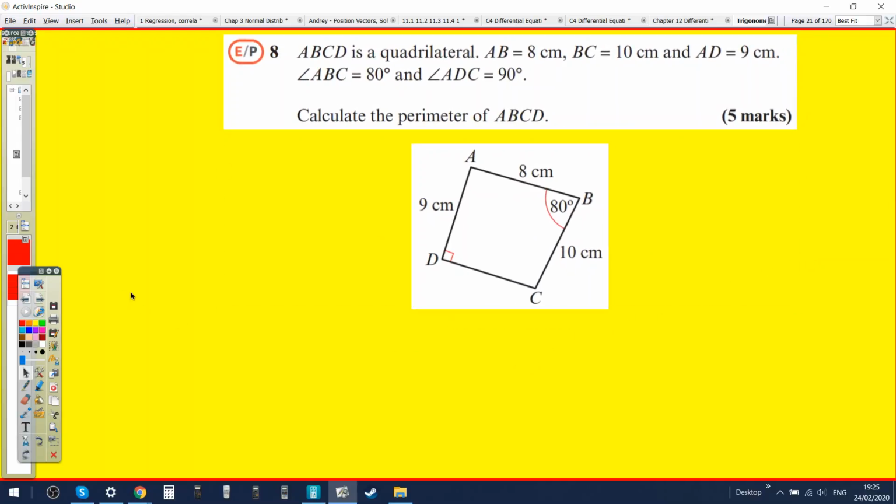Okay, let's try this one. So I need to get the length DC.